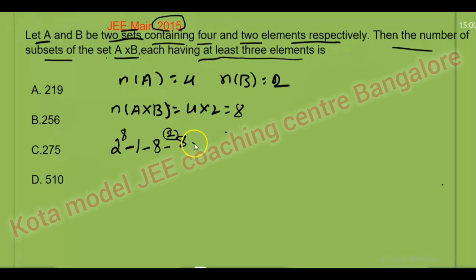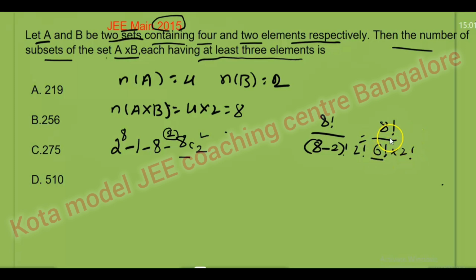That means 8C2. With the help of the permutation and combination concept, you can write the value of 8C2 as 8 factorial divided by (8 minus 2) factorial into 2 factorial. That is 8 factorial over 6 factorial into 2 factorial.